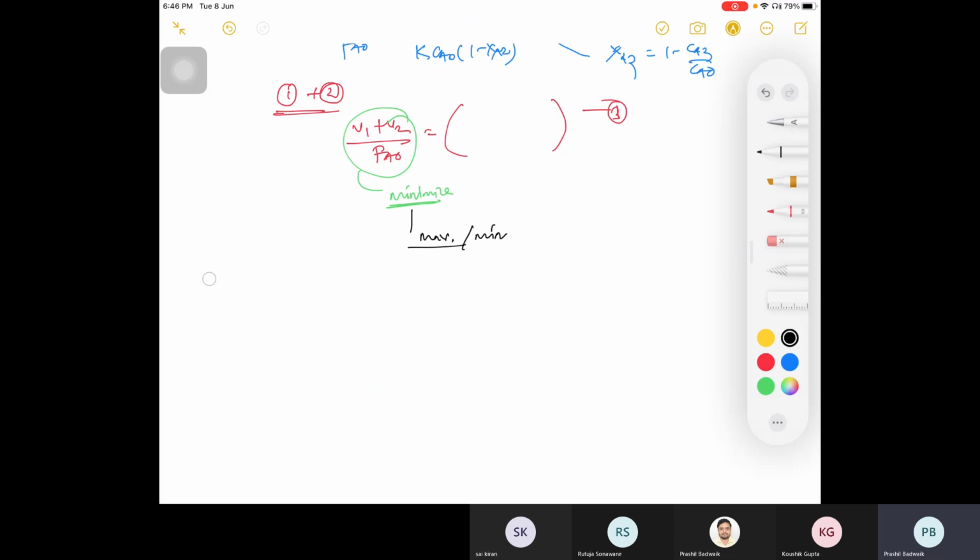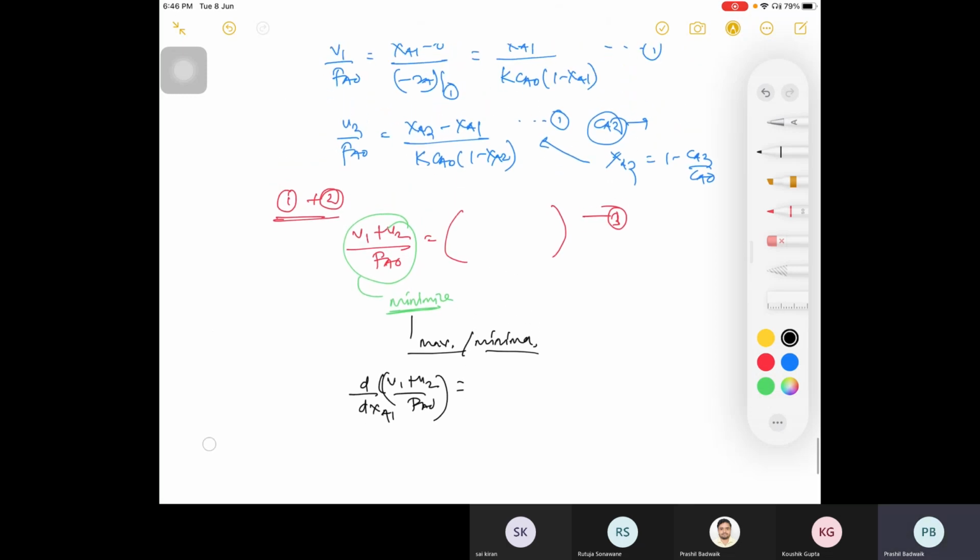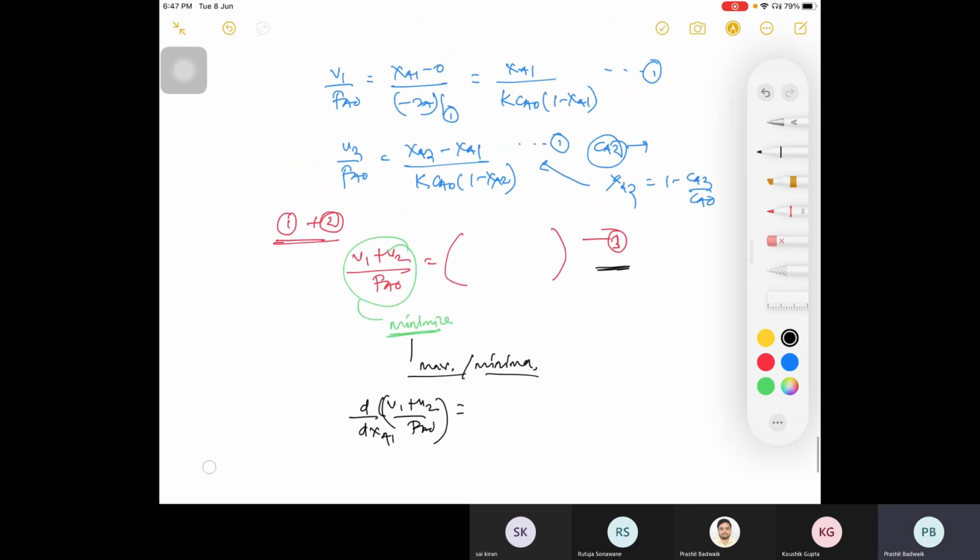So I'll differentiate this. For maxima and minima, what is the case? It is d by dXa1 of V1 plus V2 divided by Fa naught. Now please differentiate this equation 3 with respect to Xa1. It is basically the addition of this and this.